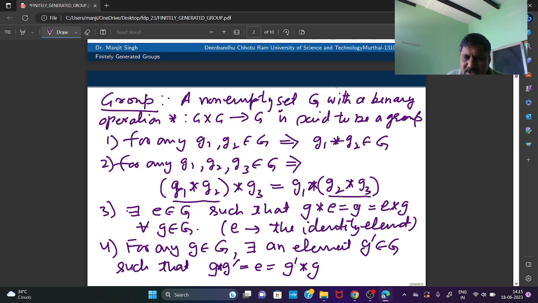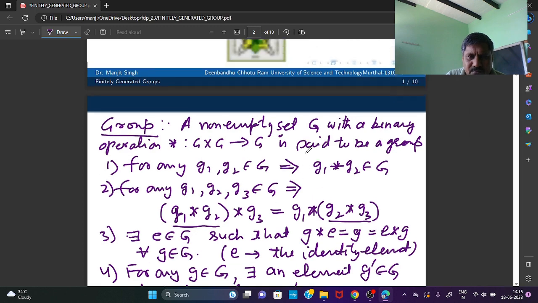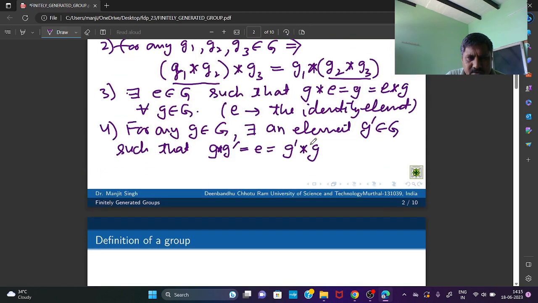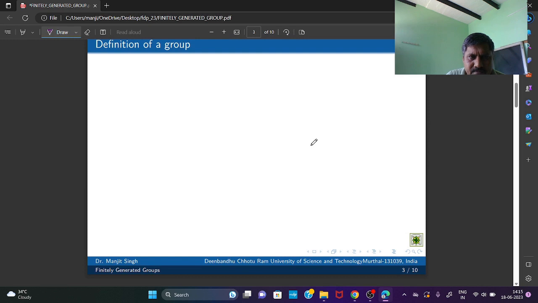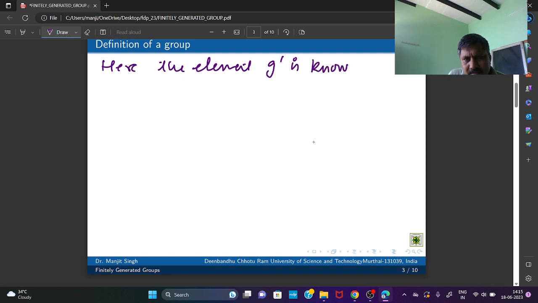This g dash is known as the inverse of g.